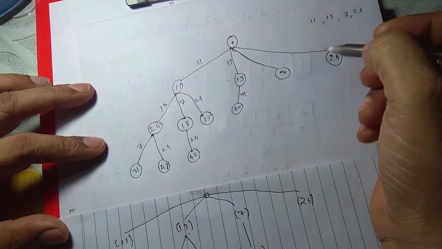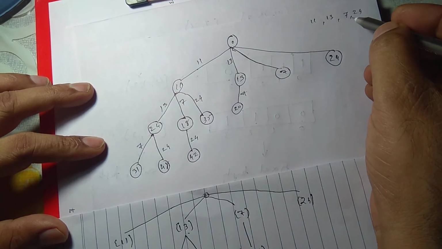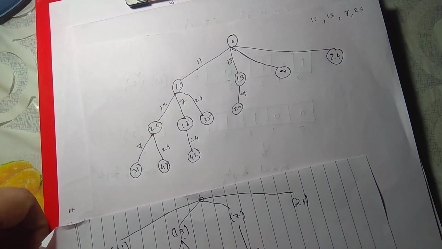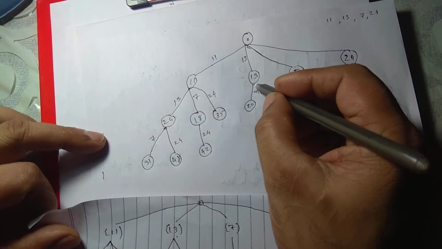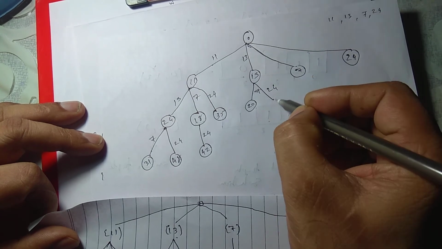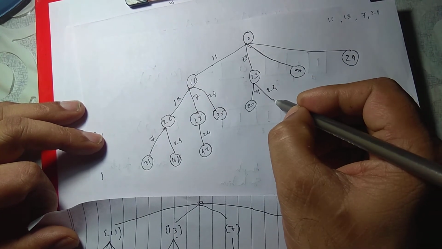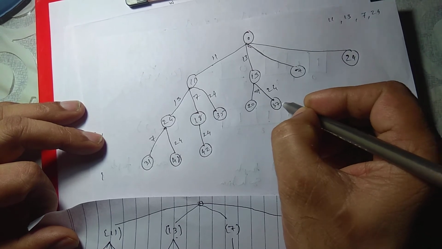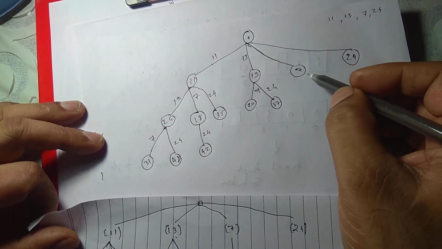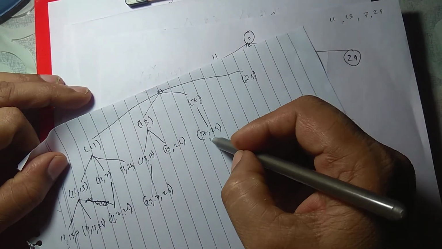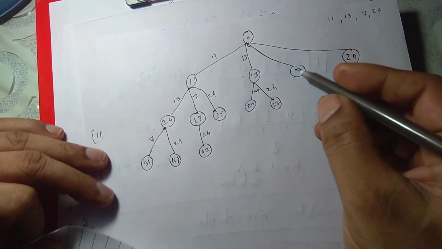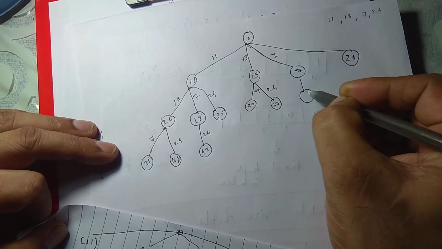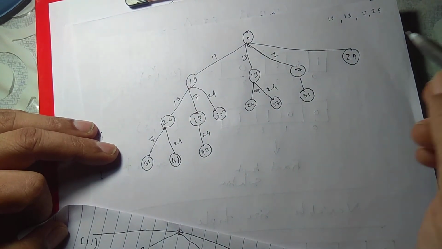So 13, 7 we have answered, and 13, 24 is remaining here. What is 13 plus 24? It is 37. And with 7 we have 7 and 24, one subset. So this node will be 7 plus 24, it is 31.